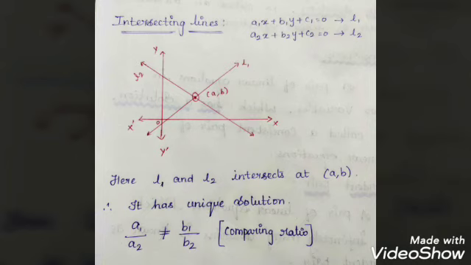Hence it has a unique solution. If the ratio a1/a2 is not equal to b1/b2, then it has a unique solution. Remember this, intersecting lines means it has a unique solution.